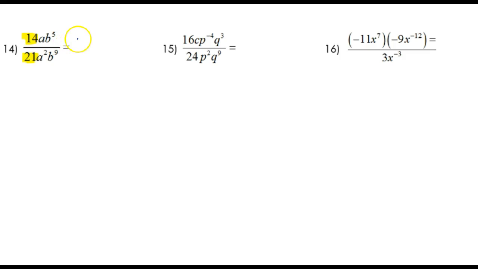14 over 21 I know can simplify, if we divide by 7 on both the denominator and the numerator, to 2/3. I have a to the 1st power divided by a to the 2nd power.